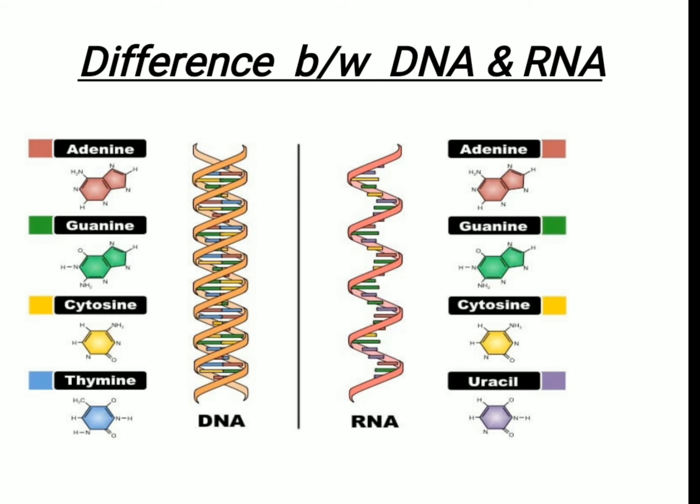As you can see in DNA, the purines are adenine and guanine, and the same are the purines in RNA, whereas the pyrimidines are different. Cytosine is common, whereas in DNA thymine is present, and in RNA uracil is present.